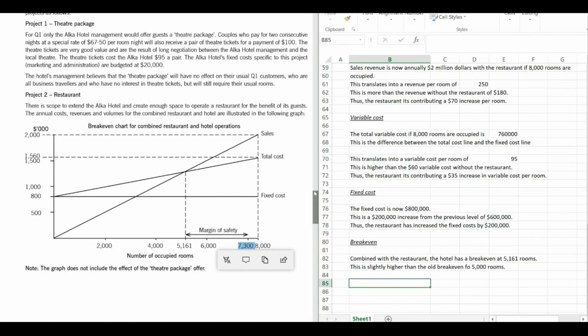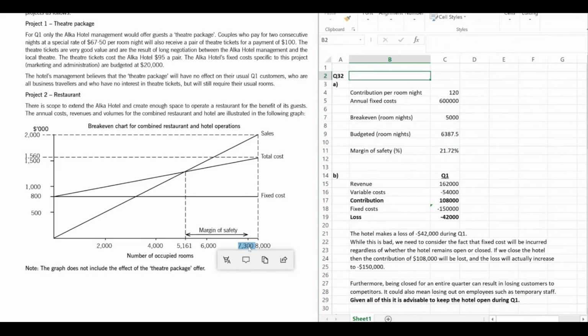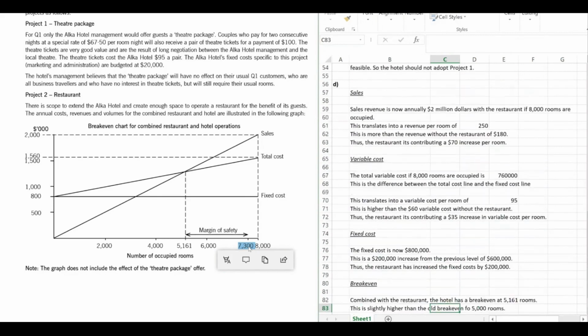Okay, margin of safety. So what happened to the margin of safety? We calculated the margin of safety percentage up above, and it was 21.72%. Let's compare this to that, right? We already have the numbers.